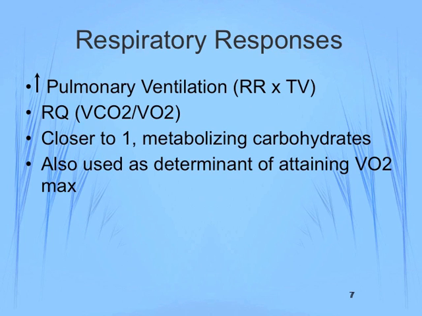And the RQ is oftentimes used as an indicator to know when you've really done a true maximal test, because the closer you get to 1, you can determine that you're getting pretty close to the person doing a maximal stress test.